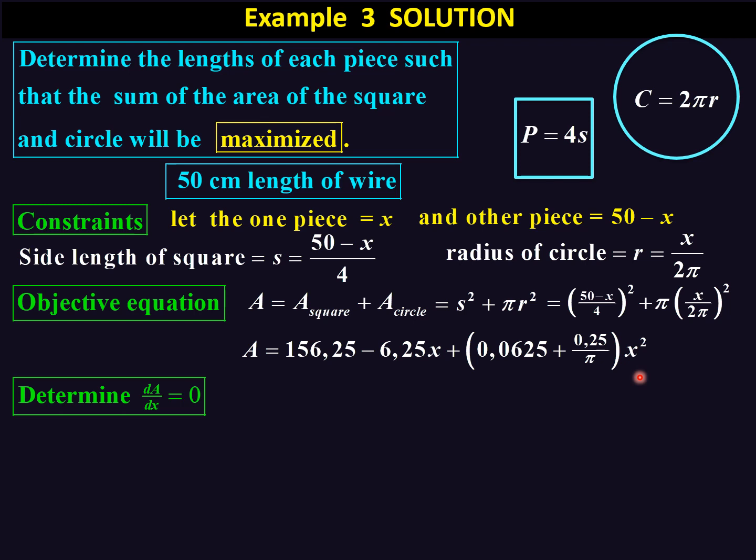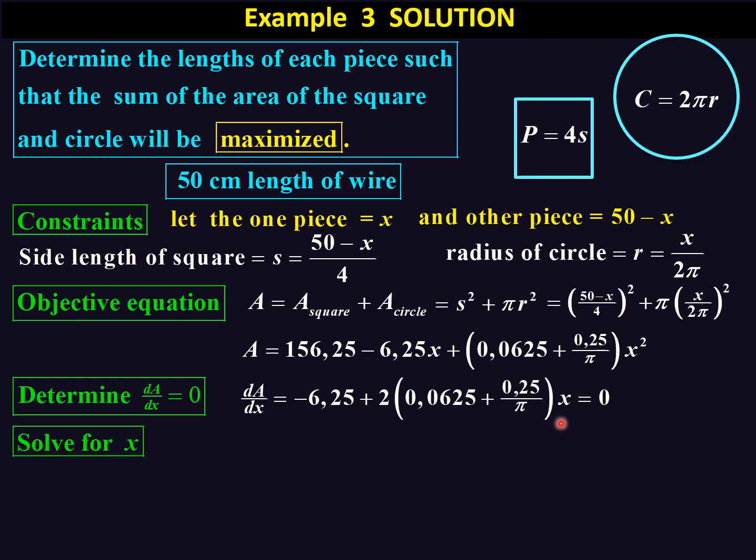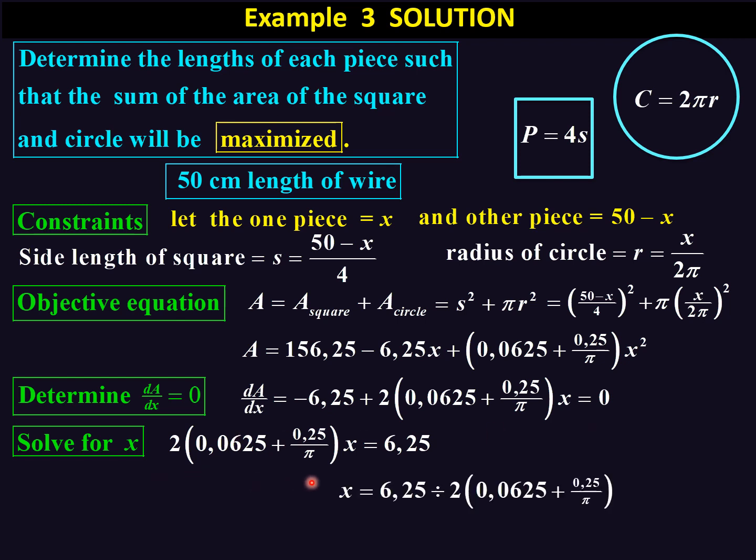So let's differentiate. Differentiate the constant, that's right, it's 0. Differentiate that, negative 0.25. Differentiate x squared, and I just put the 2 there and the x there. That's again a linear expression. Transpose that, and then divide by the coefficient.